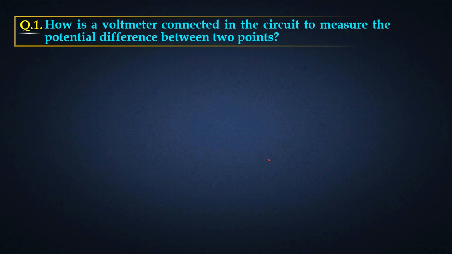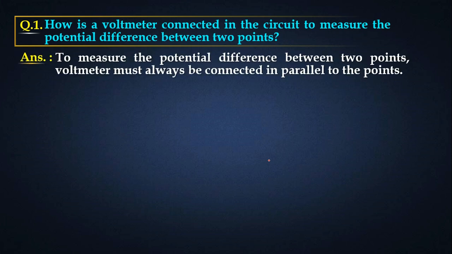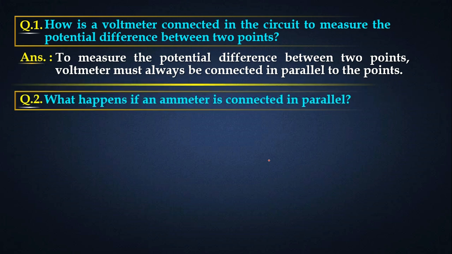How is a voltmeter connected in the circuit to measure the potential difference between two points? We know that a voltmeter should always be connected in parallel to the circuit to measure the potential difference across the two points. So to measure the potential difference between two points, the voltmeter must always be connected in parallel. What happens if an ammeter is connected in parallel? We know that it has zero resistance.